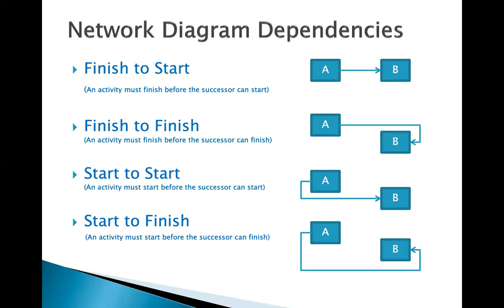However, for the critical path exercise on the exam, we need only the finish to start relationship. I'm providing the definition of every single relationship, however, we need to apply only the first one, which is finish to start.